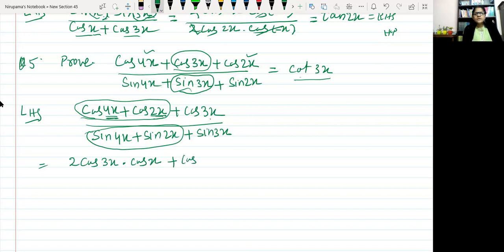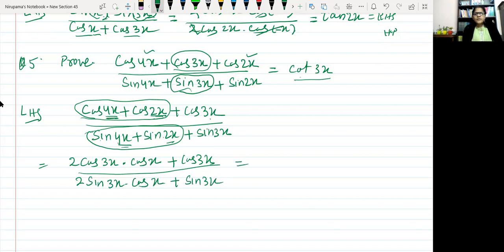And the denominator sin C plus sin D: 2 sin (4x plus 2x)/2 into cos (4x minus 2x)/2, 2x by 2, plus sin 3x.